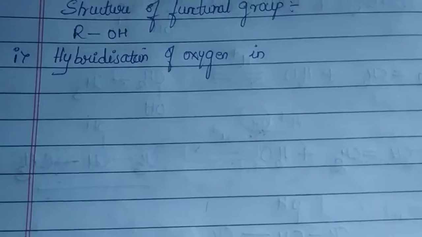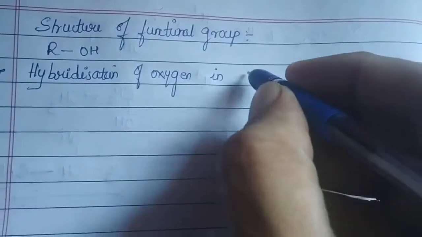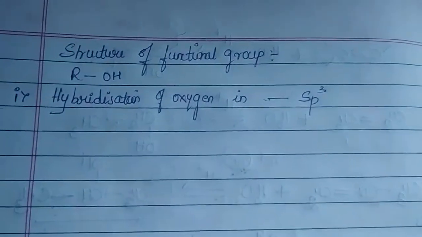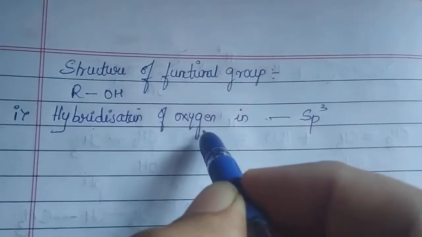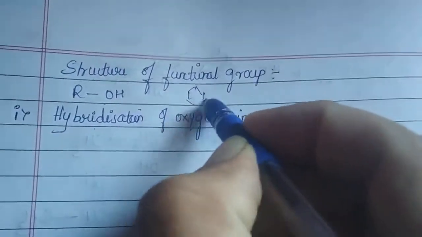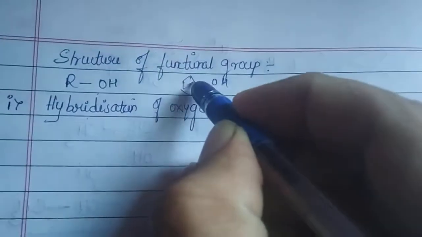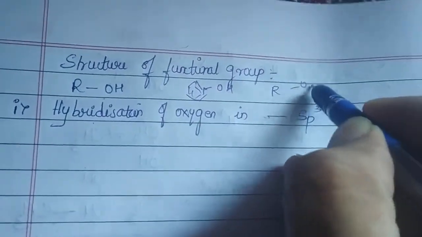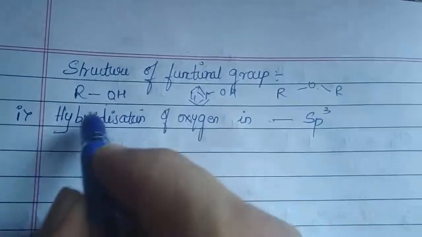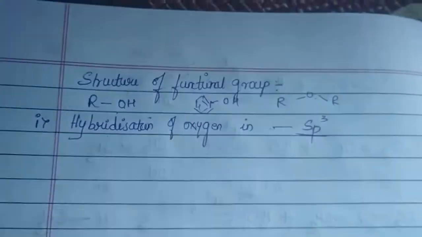I repeat, the hybridization of the oxygen in your alcohols, in your phenols and ethers, they are all sp3 hybridized. So whatever the oxygen we are looking at over here, they are all sp3 hybridized.